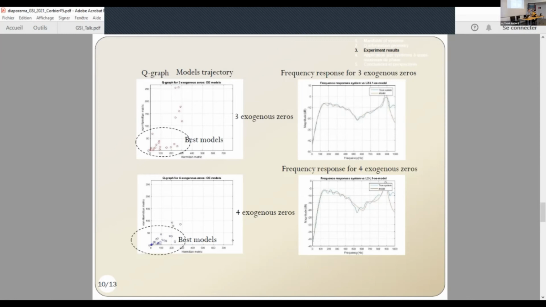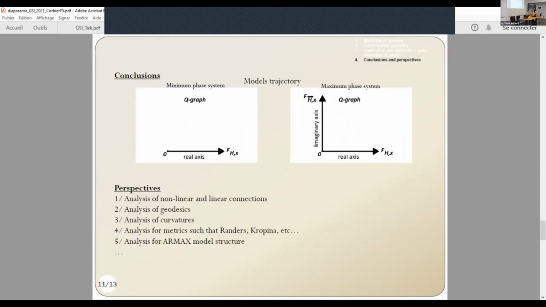Okay, and here we show the frequency response, and we can see a very good model. And for this system in automatic control, in fact, the best model is important in low frequency, and you can see that the frequency response is very good for 3 exogenous zero and 4 exogenous zero.